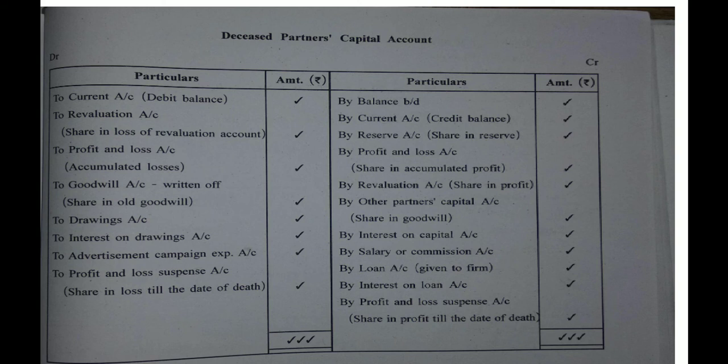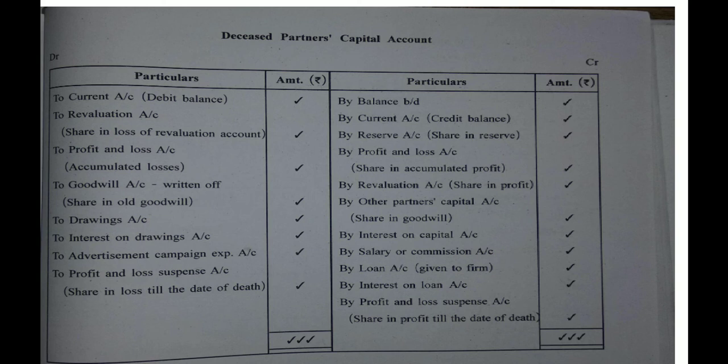Then by salary or commission, by loan, this is the amount of loan given by deceased partner to the firm. Now the partner is no more, and hence the amount of loan is to be returned to the partner along with interest, which is mentioned below. By interest on loan account, this interest is to be calculated till the date of death.